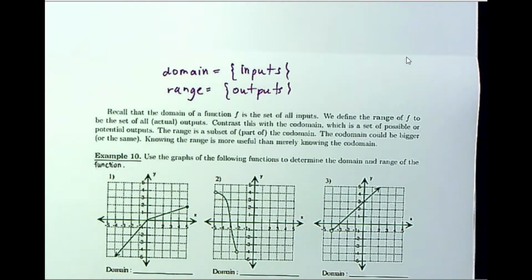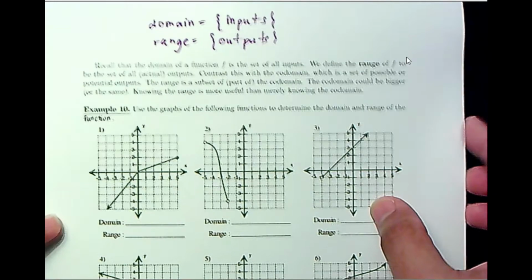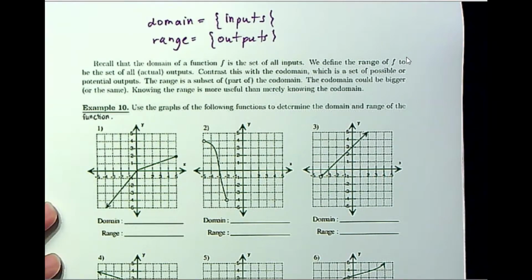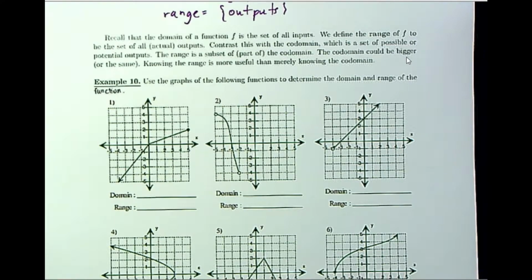The range is the set of all actual outputs. So the codomain could be bigger than the range because there could be elements in the codomain that are not used. Everything in the range is used, so it could be smaller.